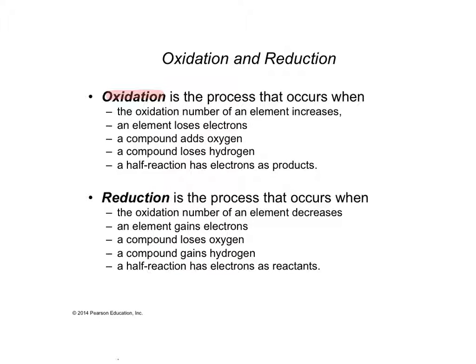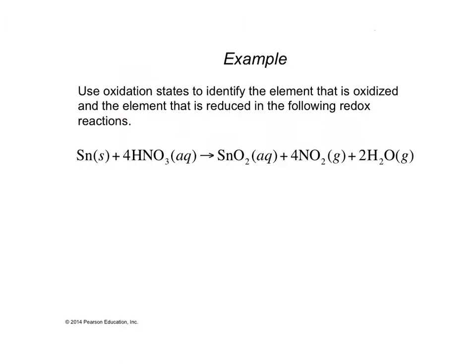This usually, with respect to oxidation states, results in an increase in the oxidation state, right? So we usually see an increase in oxidation state with oxidation, whereas reduction results whenever we gain electrons, and so we usually see the oxidation state decrease between the reactants and the products. And again, hopefully we'll illustrate this in the next example.